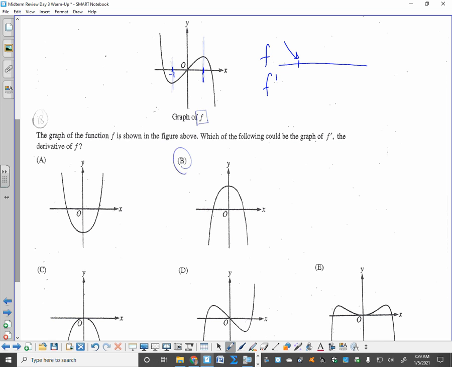So it's decreasing to -1, and then increasing to 1, and then decreasing. So I know that f prime would need to be negative, positive, negative. And the only one that happens at is B. Take a second and make sure that you're okay. Remember, this is the graph of f prime, so negative, positive, negative, and it is the only one that does that.